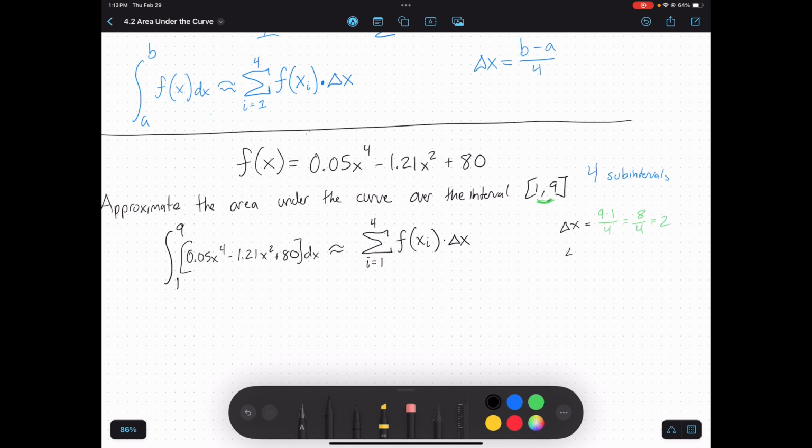Now, like I said, we're not locked in with 4 subintervals. We don't have to use 4 subintervals every time. So if I created a general case here, how would I find this delta x? Well, it's your ending x value minus your starting x value to get that distance between the two, divided by however many subintervals there are. And so we'll use n to represent the number of subintervals.